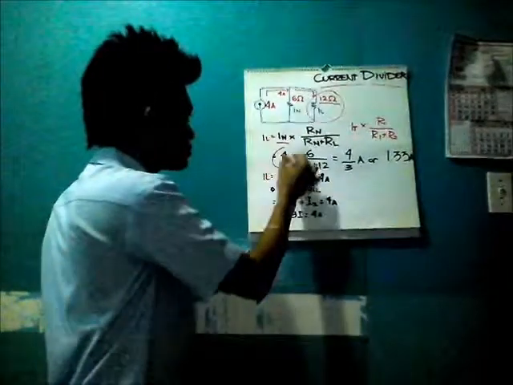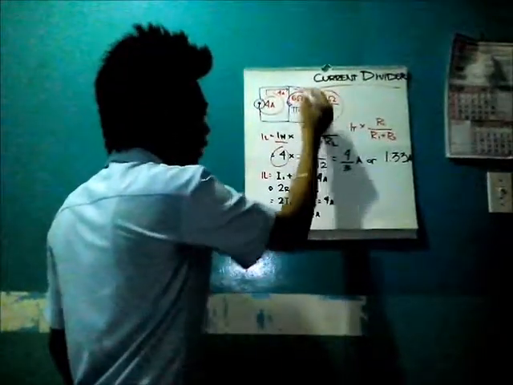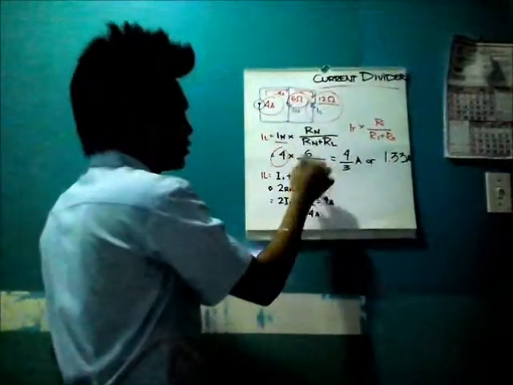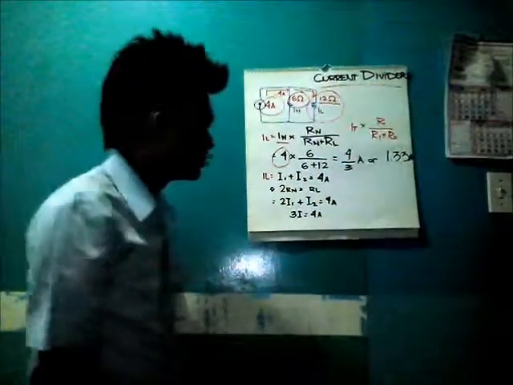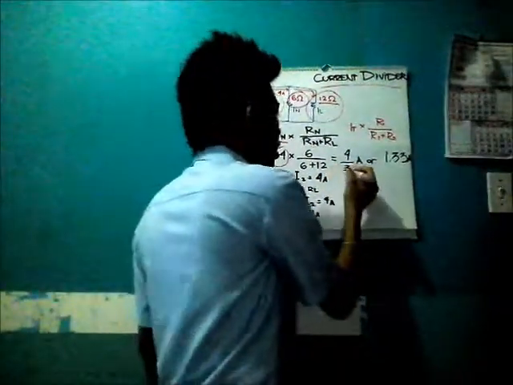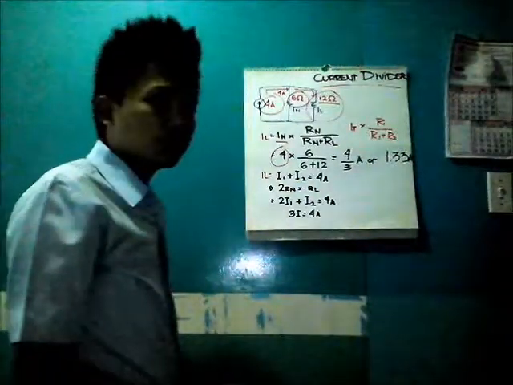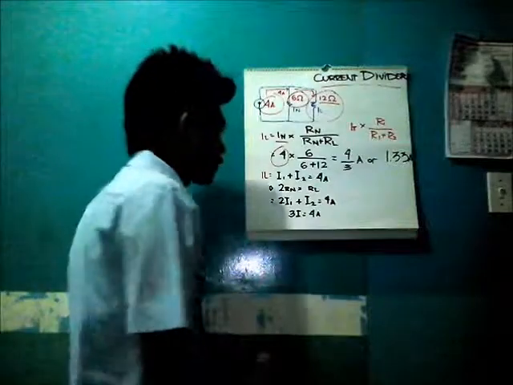So 4 amperes times 6, our RN, over 6 plus 12, our load, equals 4 over 3, or 1.33 amperes.